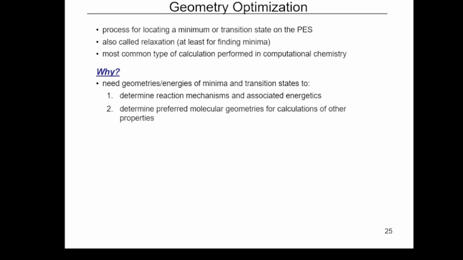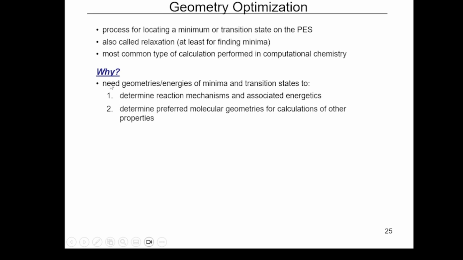So any property you calculate on a structure drawn without optimization will be unreliable. It means first you have to optimize the structure before you can calculate any properties. That's why this is the most common type of calculation performed in computational chemistry.